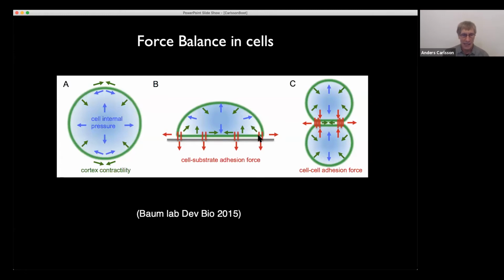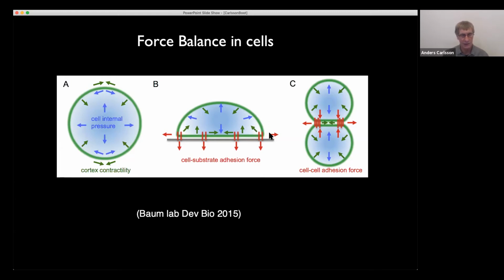And so that gives rise to these outward forces that would like the area of attachment of the cell to expand. So all these different forces add up still in such a way that the net force on any particular element, like here, vanishes.